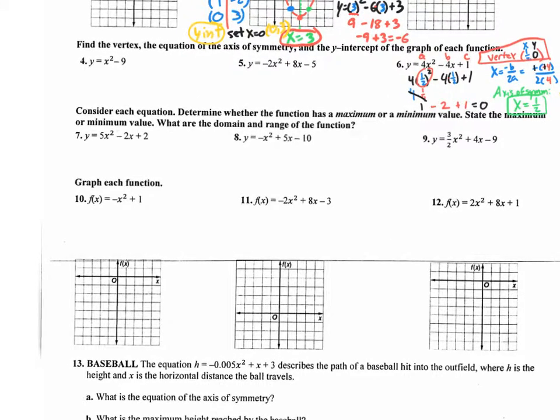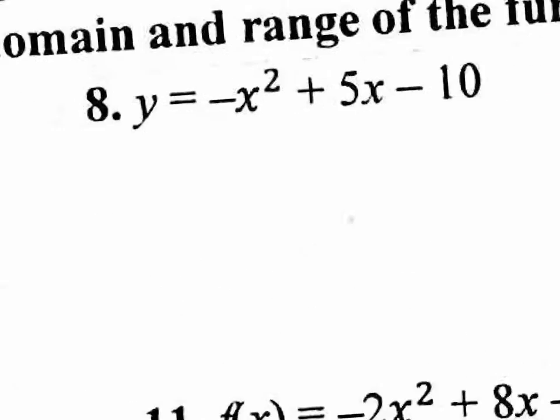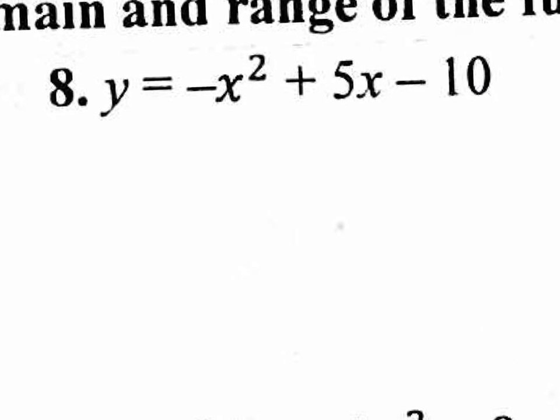It says, consider each equation, determine whether the function has a maximum or minimum. How do you determine if a parabola has a maximum or minimum? Just by looking at the a value. Number 8, does it open up or down? It opens down. Does that mean you have a max or a min? Max. Right? If it opens down, it's going to reach a high point and then it's going to come back down.